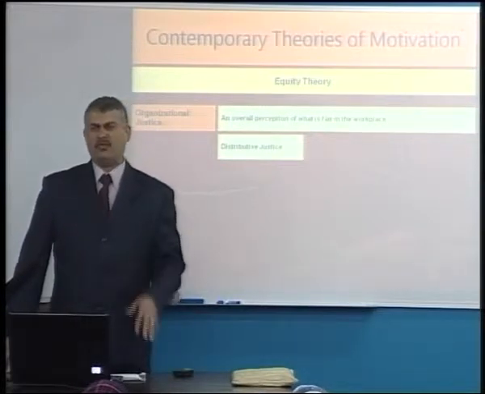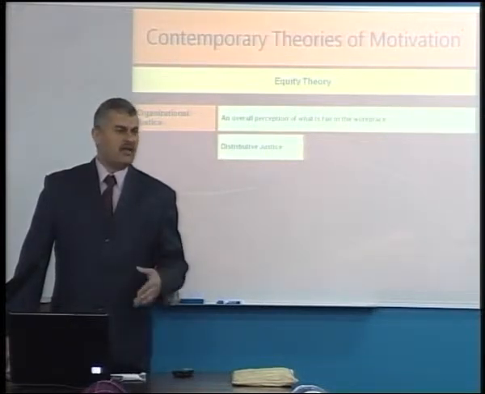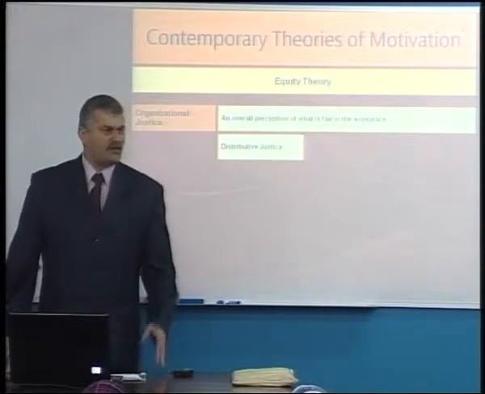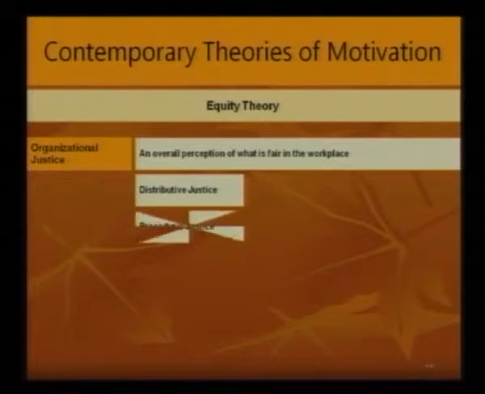Of course, here we usually compare it to the performance that we are giving to the organization, and what others are giving to the organization, and what rewards are received. So here we are talking about the allocation of rewards mainly. Now the second one is procedural justice.